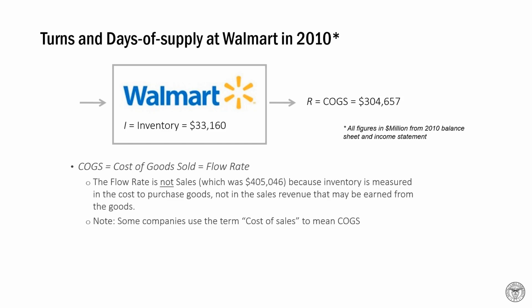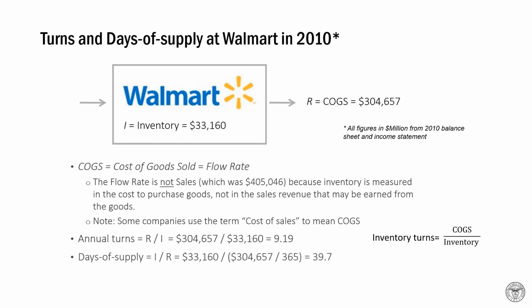It is important to note that inventory is measured in the cost to purchase goods, not in the potential sales revenue that may be earned from those goods. By using Little's law, we can deduce that Walmart achieves an annual inventory turnover rate of 9.19, calculated by dividing R by I.